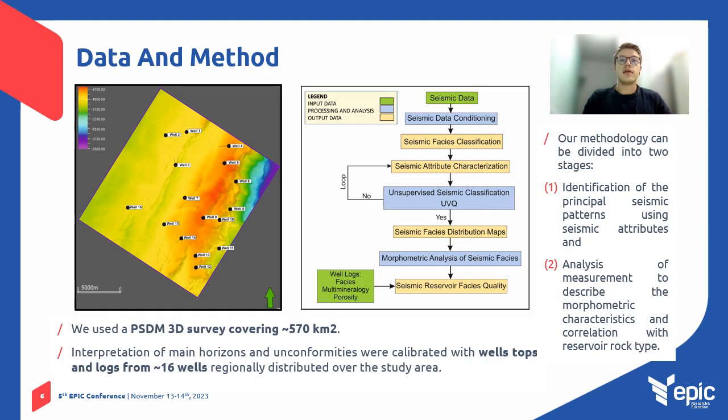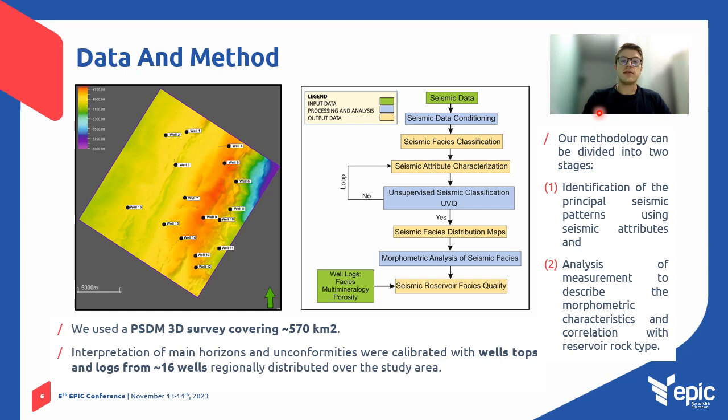The data that we use is a PSDM 3D survey covering approximately 600 square kilometers, and the interpretation of main horizons, in this case unconformities, from the Barra Formation that were calibrated with well tops and logs from 16 wells regionally distributed over the study area.